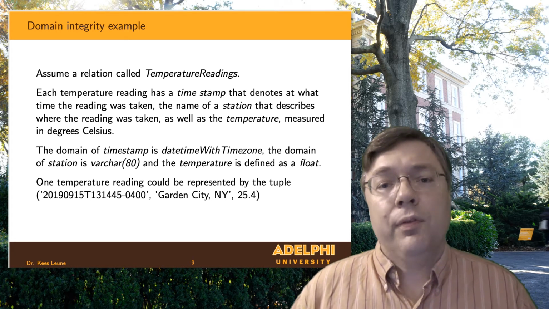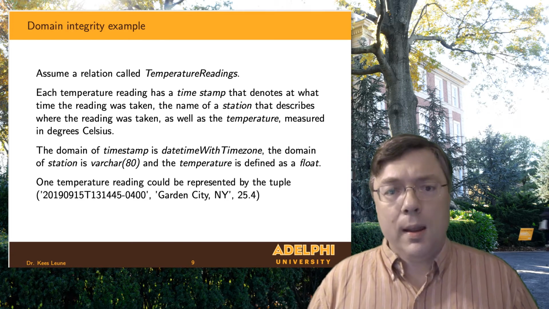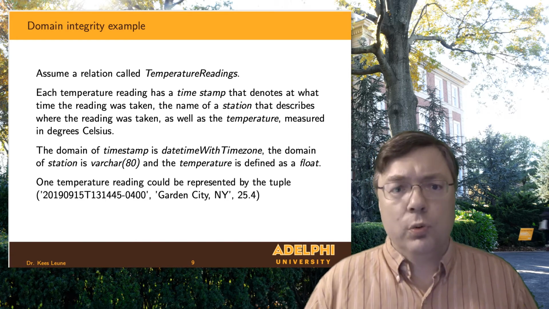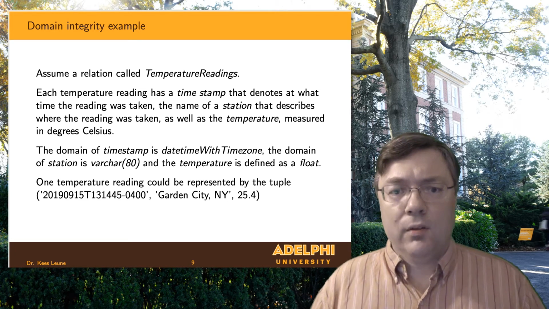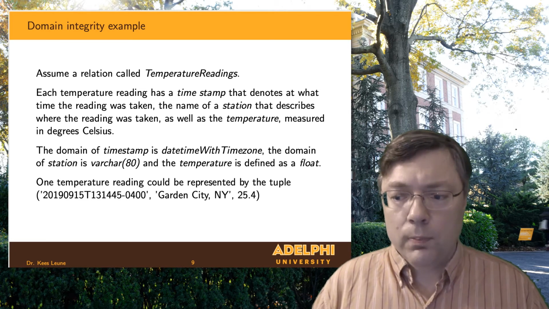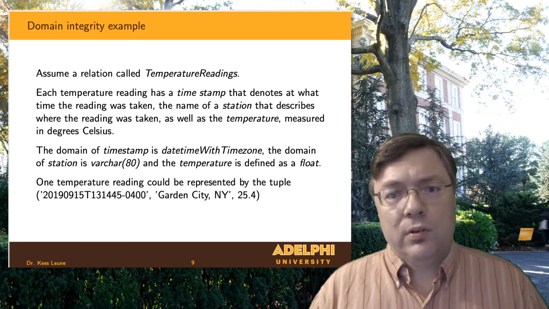I might have a definition that says that my station name is a textual description, what we call a variable character, of up to 80 characters, between 0 and 80 characters long. And I might define the temperature as a floating point number.